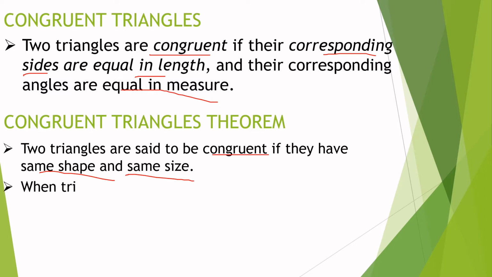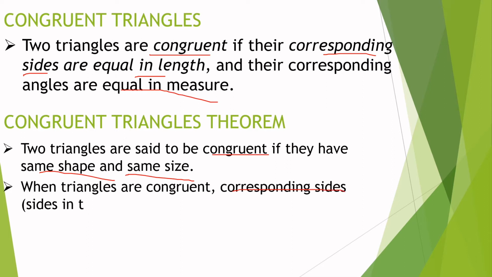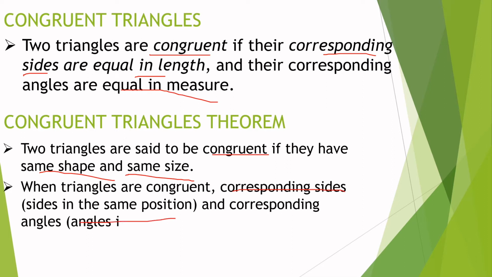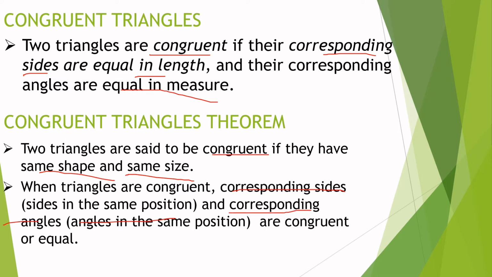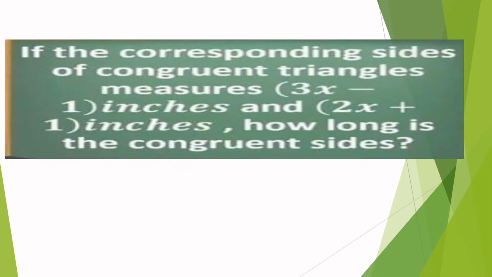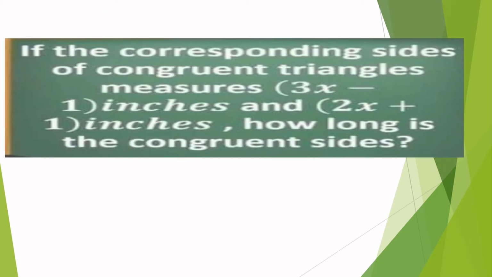And when triangles are congruent, corresponding sides, or sides in the same position, and corresponding angles, or angles in the same position, are congruent or equal. Example: if the corresponding sides of congruent triangles measure 3x minus 1 inches and 2x plus 1 inches, how long are the congruent sides?